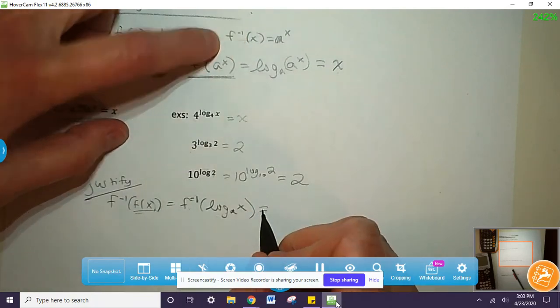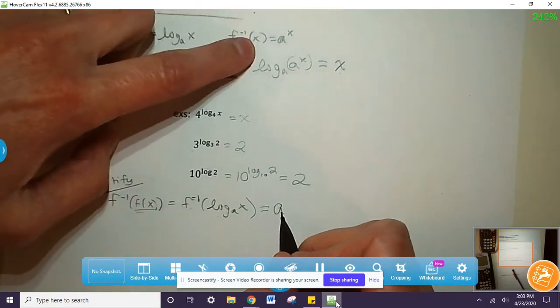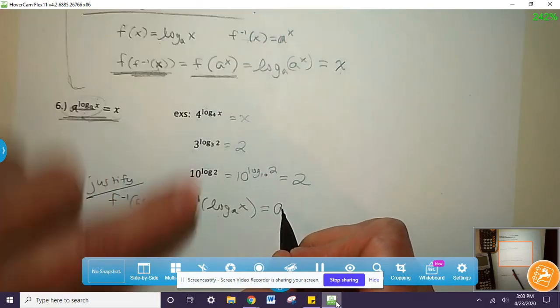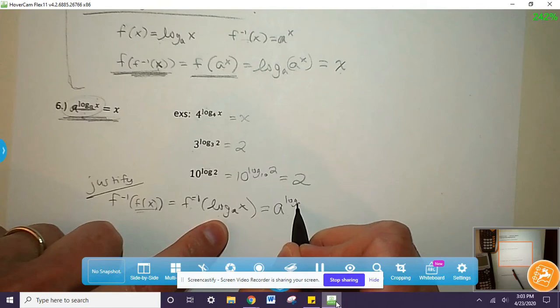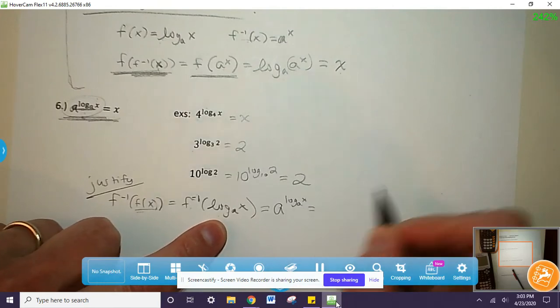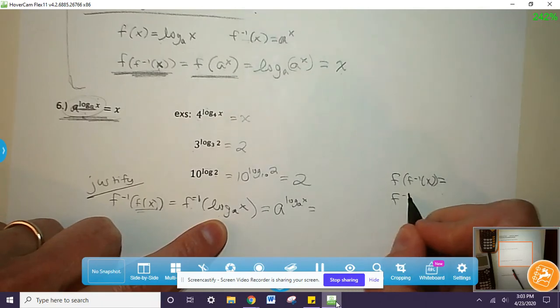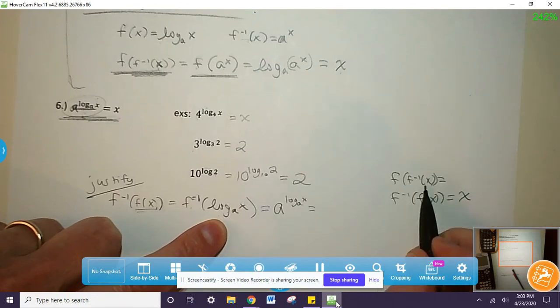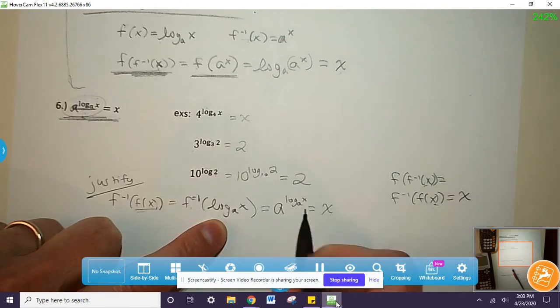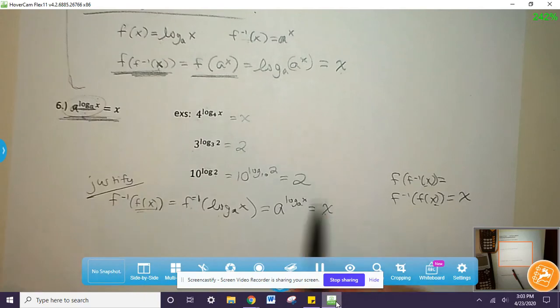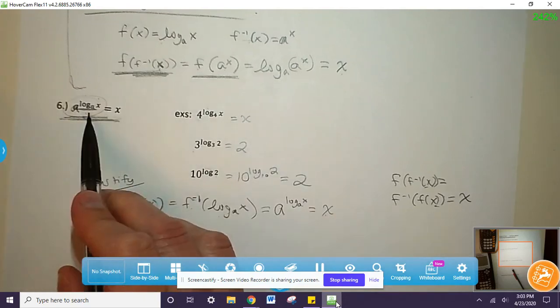So if f inverse is a to whatever my input is, this will be a to this power. And by properties of inverses, no matter which composition you do, if you have inverse functions, they should cancel out and leave you with whatever's inside. So what's inside here is x. So that's a justification for why this property works.